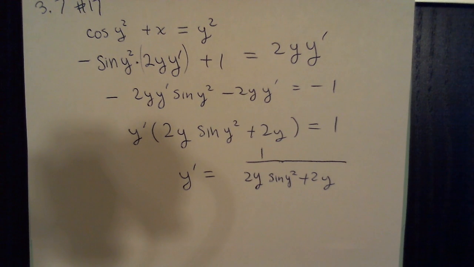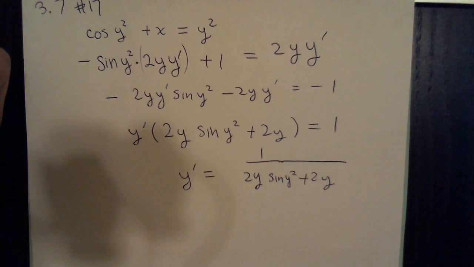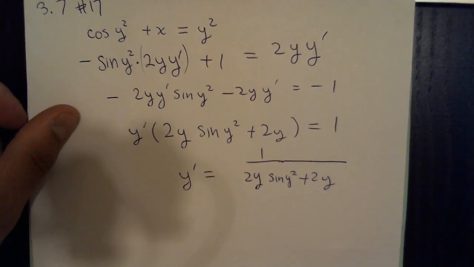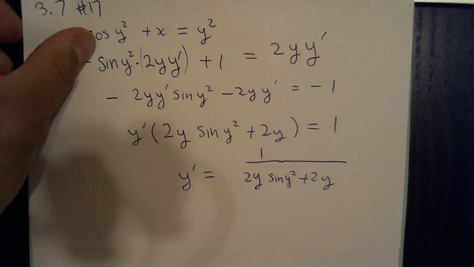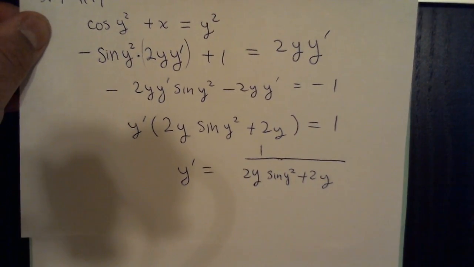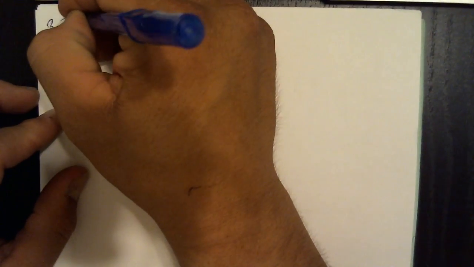3.7, number 29. So next, we're going to stay on 3.7 and do number 29.